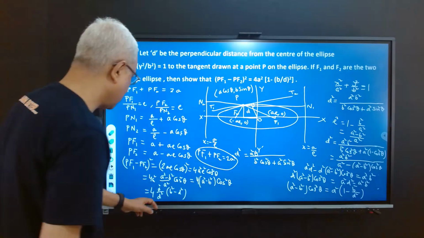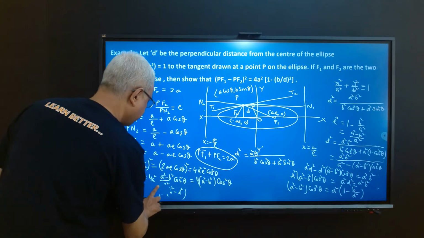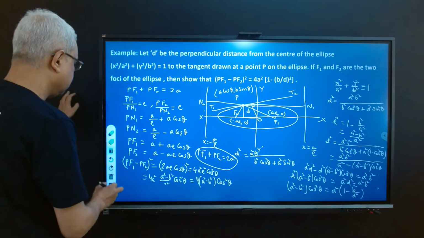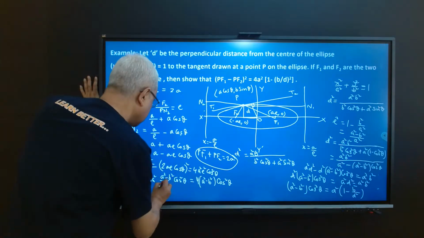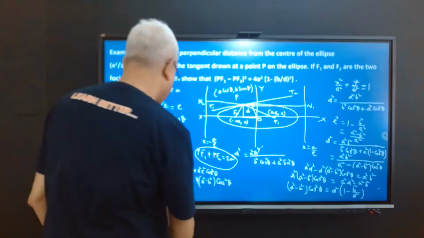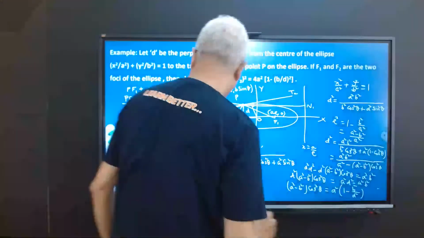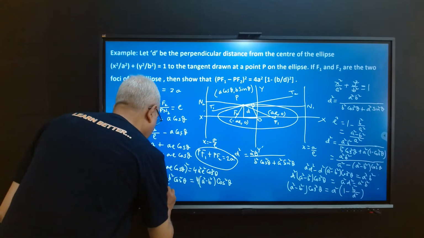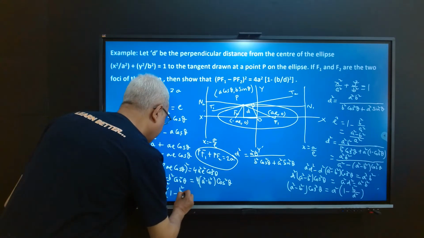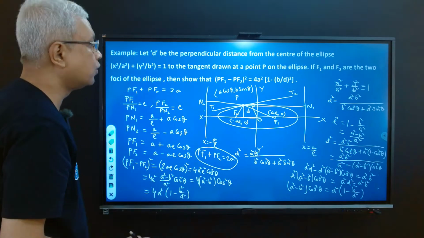Okay. So I can write from there, it is 4 times (a square minus b square cos square theta). I can write this as 4a square into (1 minus b square by b square).